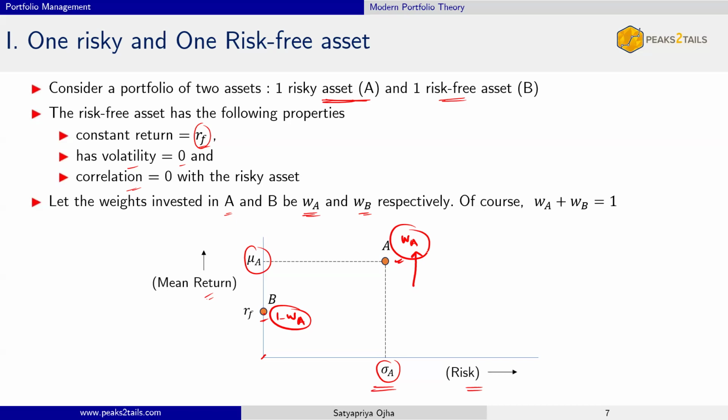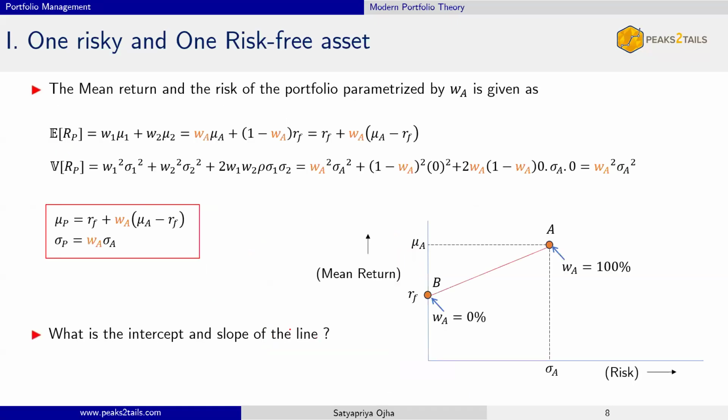So I can alter WA like a knob. It's like the volume button on your radio, and you can tune it as per your desire. And the resulting portfolio will have different risk-return characteristics. So let's explore that by tuning WA. If you change WA, obviously you're changing the weight on B also because it is 1 minus WA. How is the portfolio going to behave?